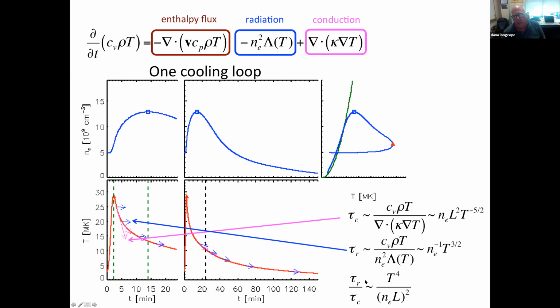Okay, and in fact, here's the magical thing. If I set that ratio equal to 1, then I get something that goes as T⁴ over NL² is a constant, or temperature goes as density to the 1/2.